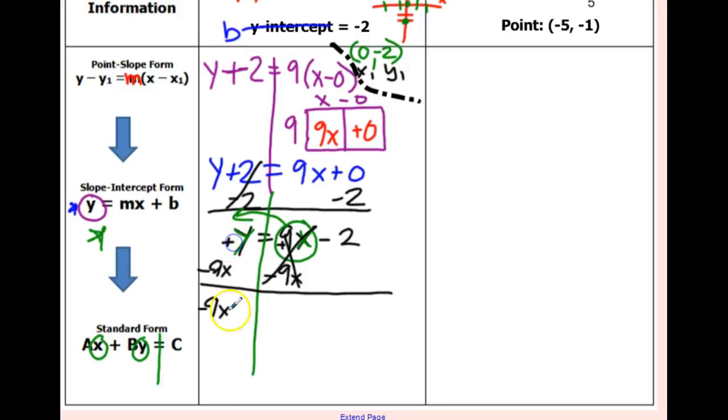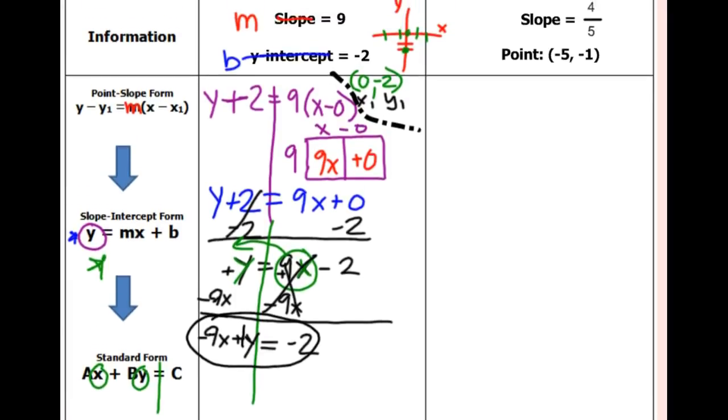This is a positive y, so plus y equal to -2. So here is our answer, -9x plus y, or plus 1y, equals -2. That's now in standard form and would be the best answer.